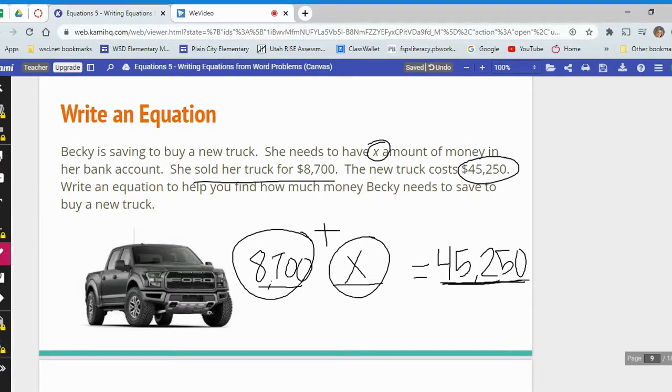What you have right now plus what you save is going to get what she needs to buy the truck. So if we rewrite this nicely, we have 8,700 of what she already has plus how much she needs to save is going to give her enough to buy that truck.